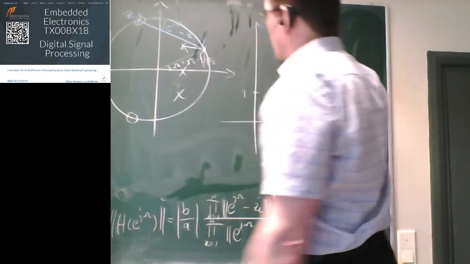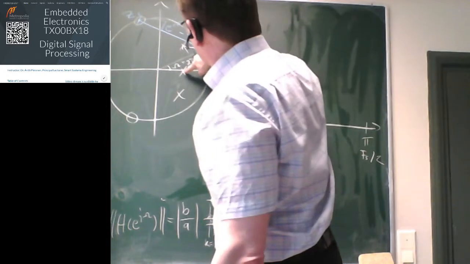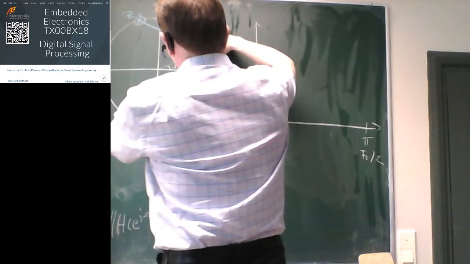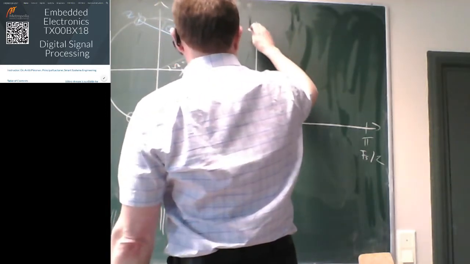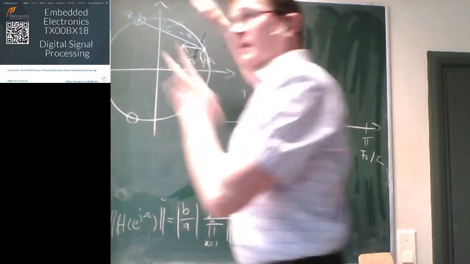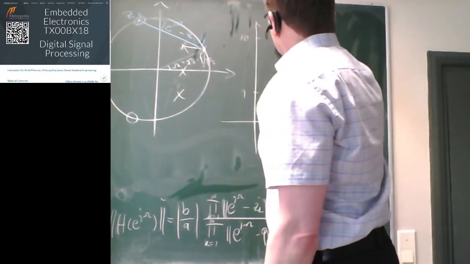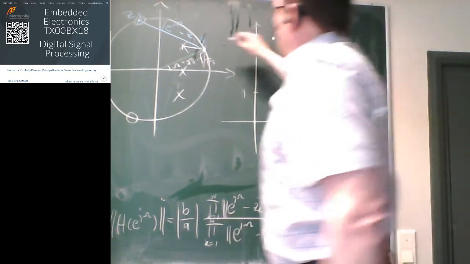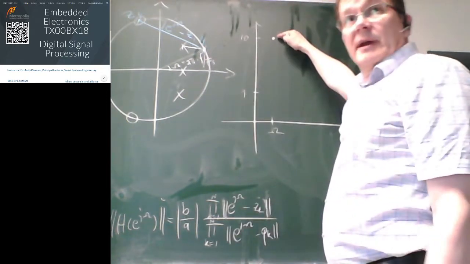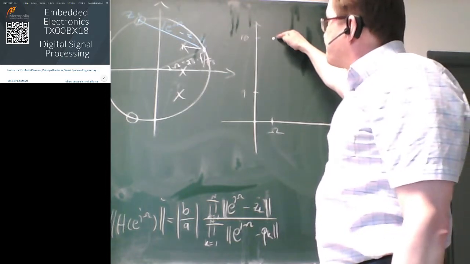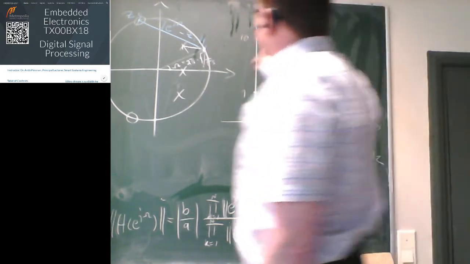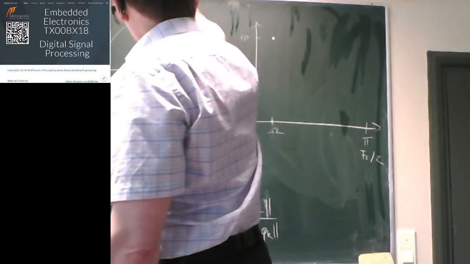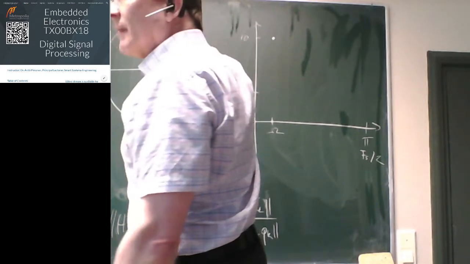So the ratio is about 3. On the other hand, we have this distance divided by that, and this distance divided by that. So that ends up being something like 10 in this case. So our amplitude response at this frequency is somewhere around 10. Okay. Think of a point somewhere in between here. Then the distance to this pole and that one is about the same.